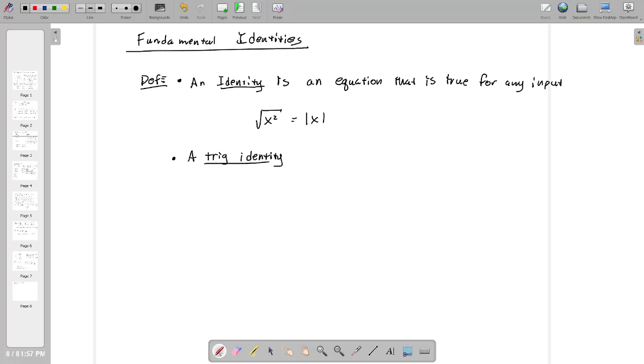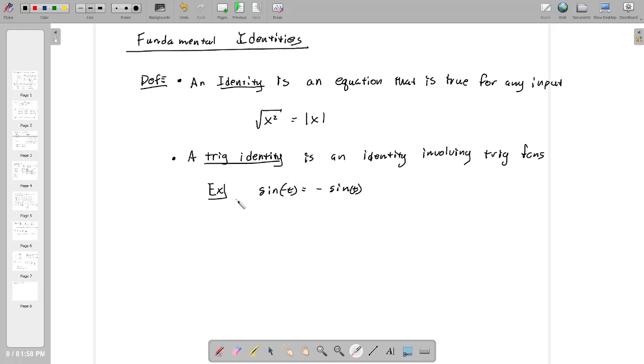A trig identity is an identity involving trig functions. So for example, we just gave one. Sine of negative t is equal to negative sine of t. This is a trig identity. No matter what t is, this equation will always be true.